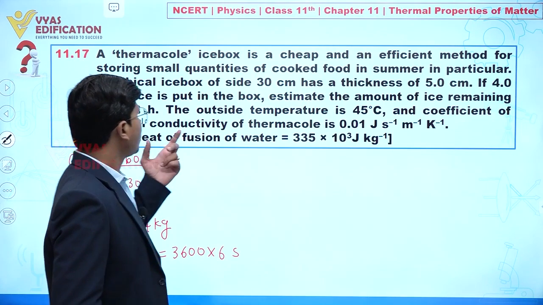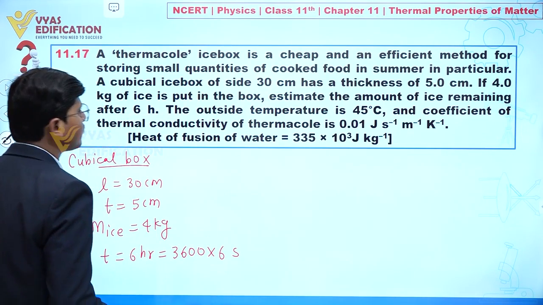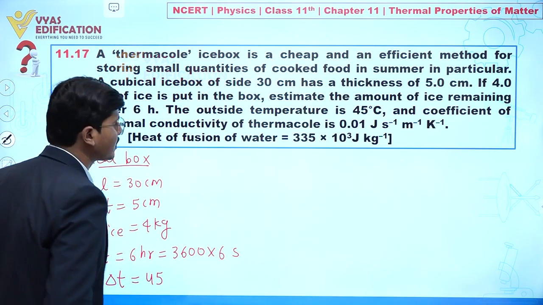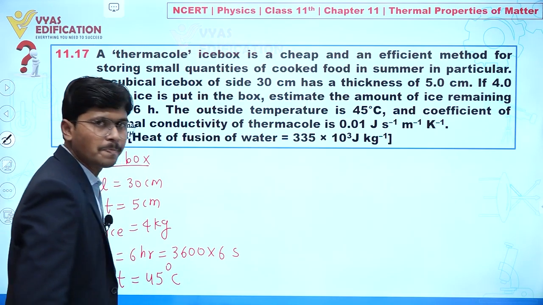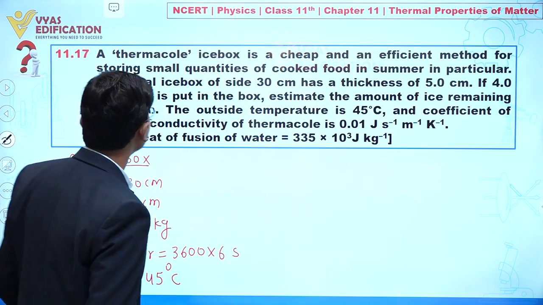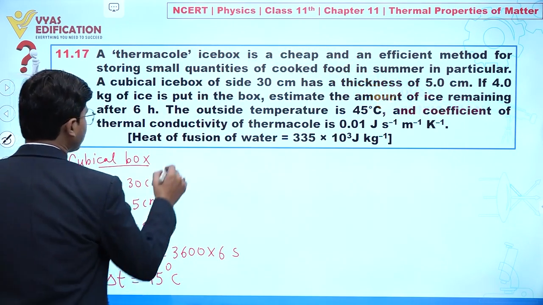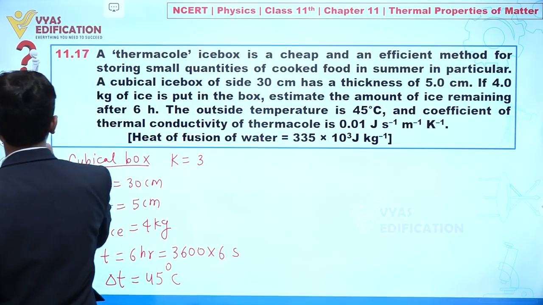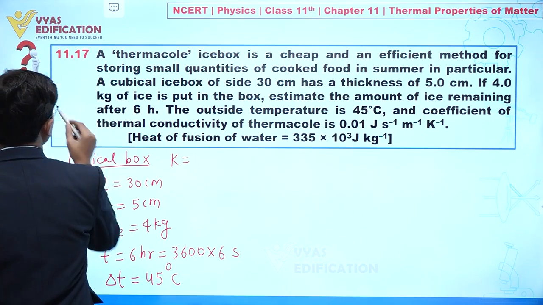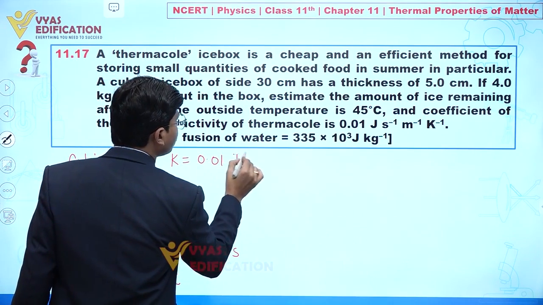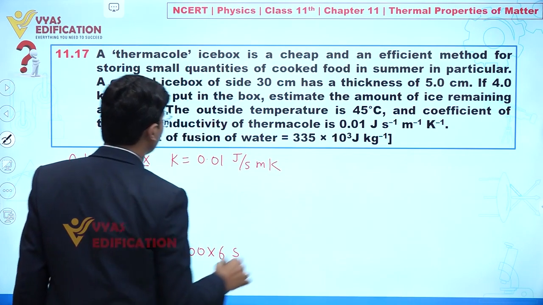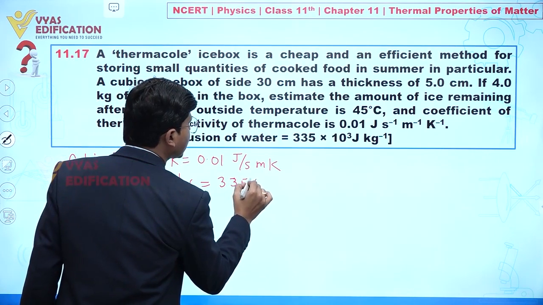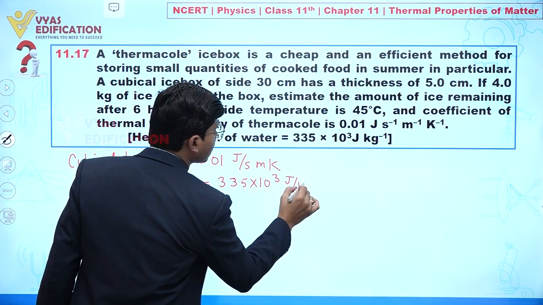Now the outside temperature is given as 45 degrees Celsius, so the temperature difference is also 45, because 45 minus 0, as the ice is at 0 degrees Celsius. The coefficient of thermal conductivity is also given: K is 0.01 joule per second per meter per Kelvin. And the latent heat of fusion is also provided: 335 times 10 to the power 3 joule per kilogram.